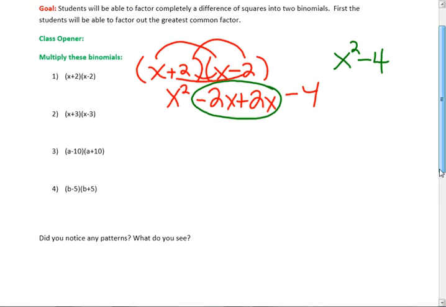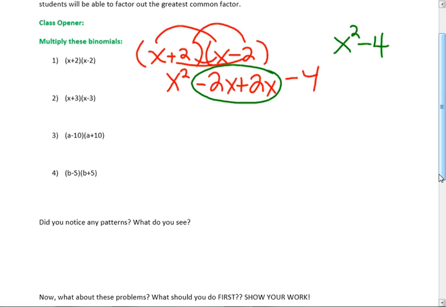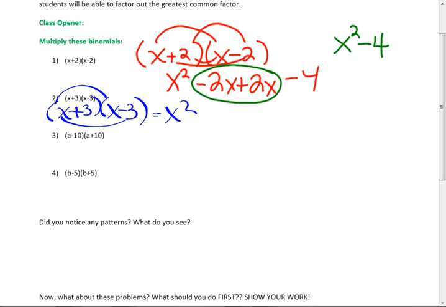What happens in the next one? You get x plus 3 times x minus 3. Why is it going to cancel out? I get x squared. Then I do the outers. I get minus 3x. Then I do the inners, plus 3x.